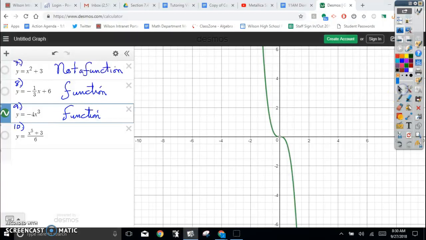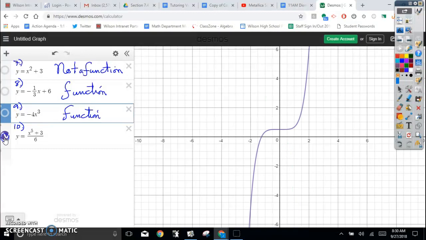And then the last one. This one is even more nitpicky than 9. Okay? This looks like a horizontal line in itself, but watch my y values. Do my y values ever stay the same or get lower? And the answer is they're always changing. It's about as close as you could possibly get.